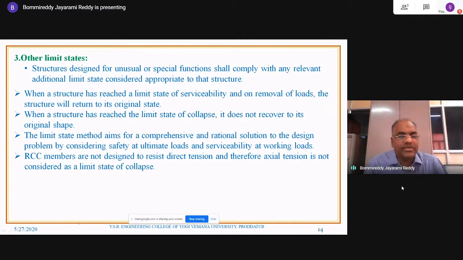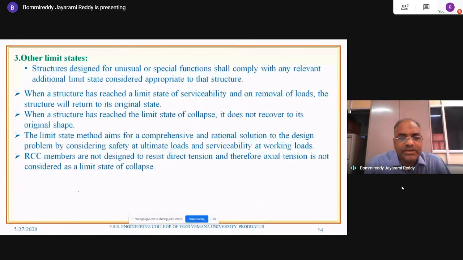When the moment of resistance of the section is the same as the bending moment induced on the structure, then the structure is at the verge of failure.